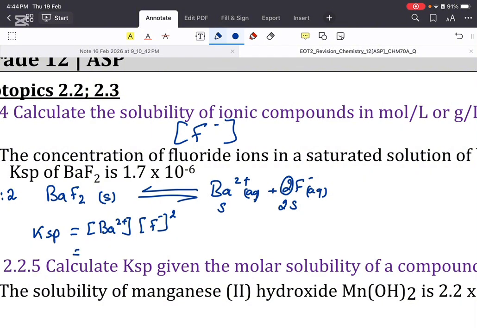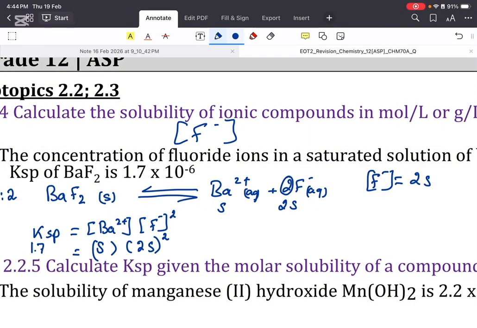I'm going to substitute the solubility for barium and the solubility for fluoride, because the concentration of fluoride is equal to 2S. So once I calculate S, I can multiply it by 2 and I can get the concentration of fluoride. So let's find S first.